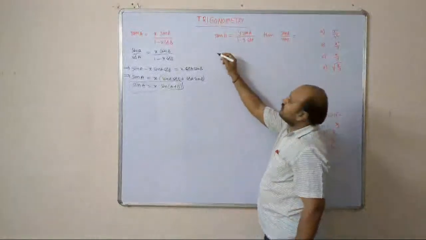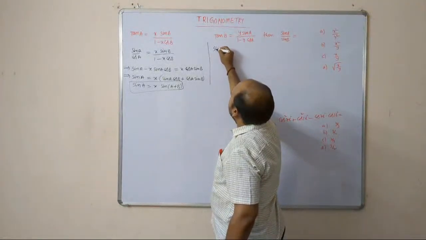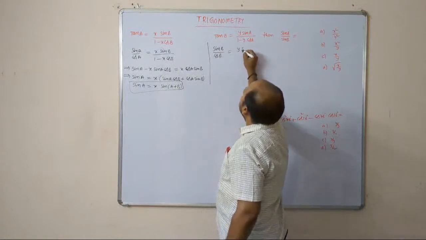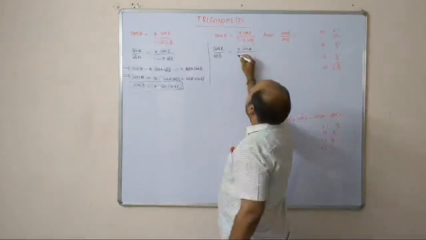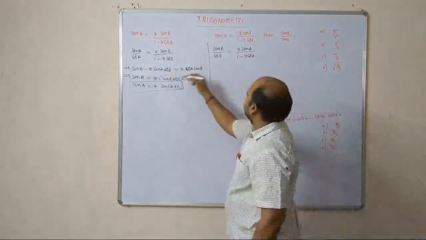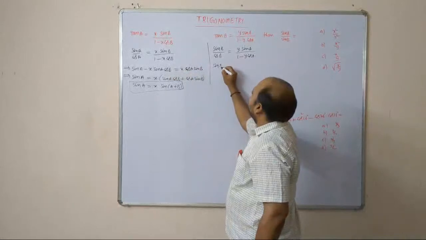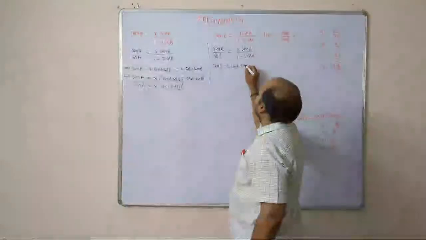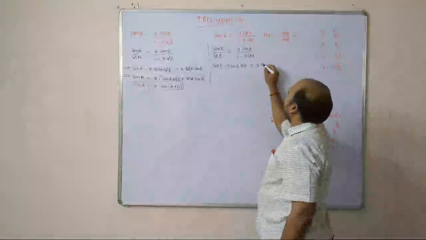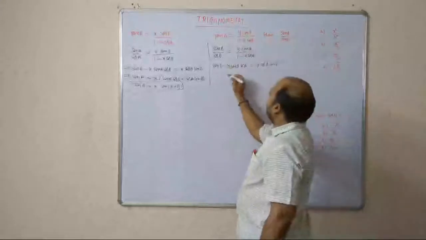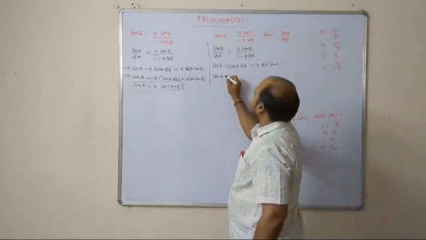Now come to this one. So sin B by cos B is equal to y sin A by 1 minus y cos A, cross multiply like previous one, sin B minus y sin B cos A is equal to y cos B sin A. This minus value we can take this side and make subject.